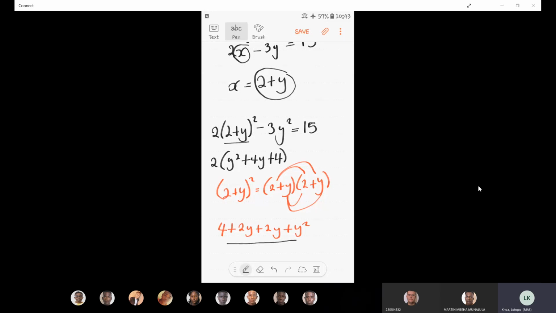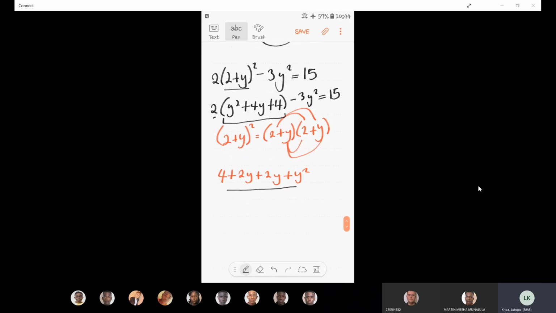Then minus 3y squared is equal to 15. And notice I've left it in brackets because the 2 must multiply the entire product, not just the y squared that comes first. Then you multiply out your brackets. You have 2y squared plus 8y plus 8 minus 3y squared, and this is equal to 15.